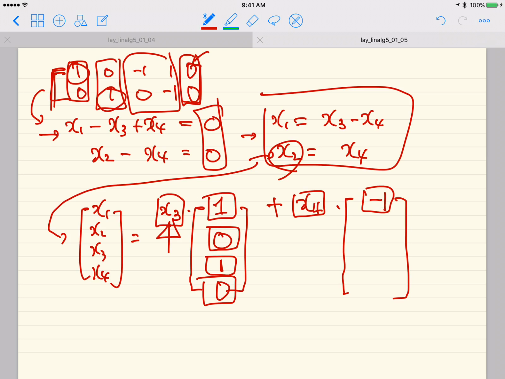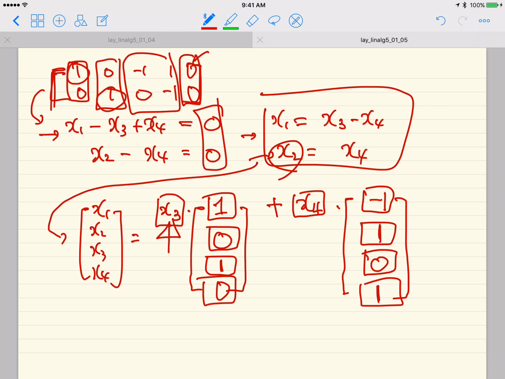It should be -1. What about the second one? x2. Okay, good. What about x3? 0. What about x4? Okay, great. Yeah, you guys are doing great. So this is our final solution as parametric vector form or parametric vector equation.